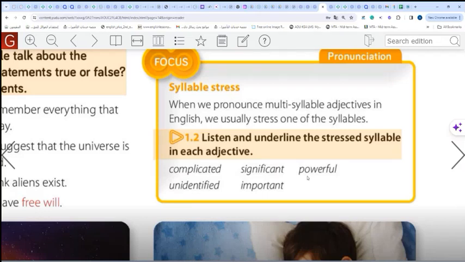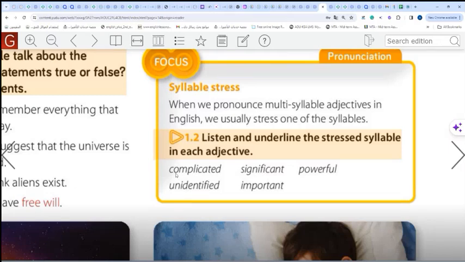So the stress is on the first syllable. What about when I say unidentified? Dent, yes, dent here is the stressed syllable.